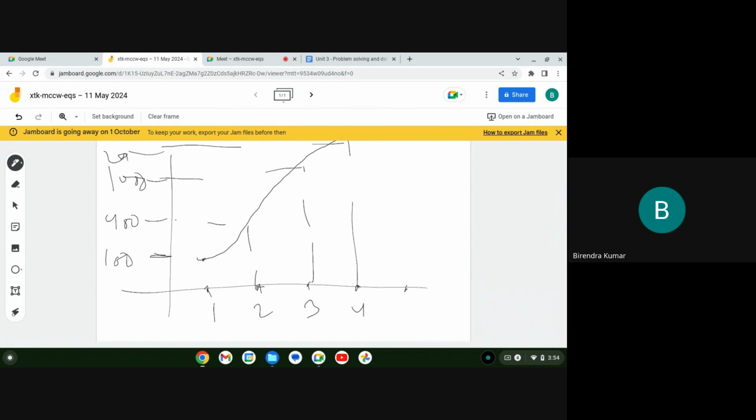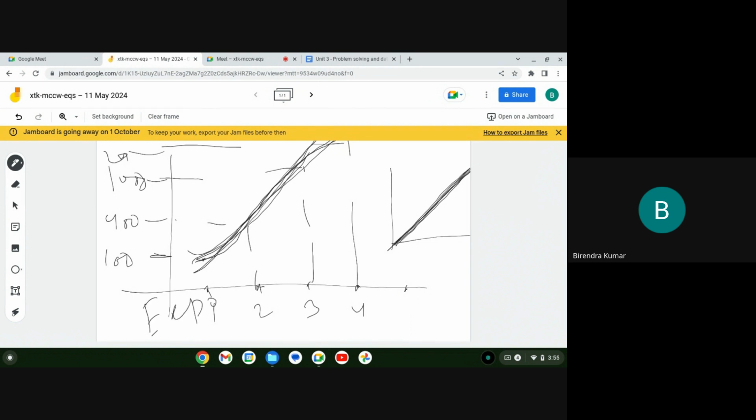This is when you say my saving is increasing exponentially. So the difference between the two graphs that we saw: one is linear, growth in a straight line, a more predictable growth, and the second is where my growth is like a curve, like a parabola. So this is called exponential growth.